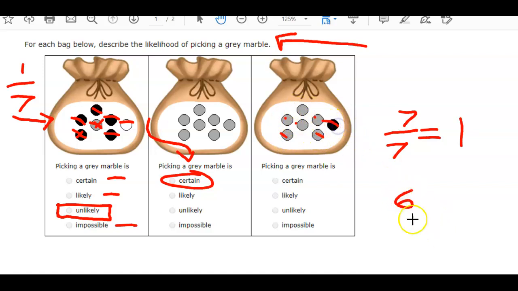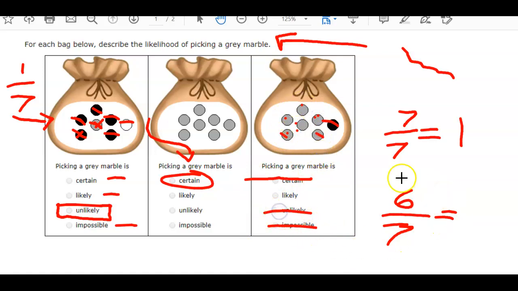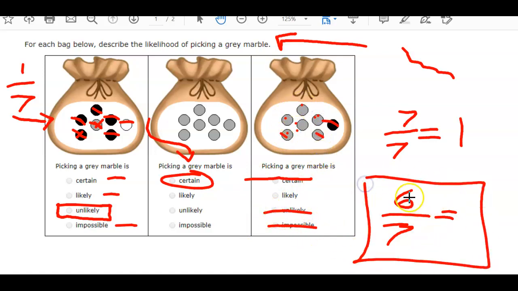And there's 7 marbles altogether, so 6 over 7. In any case, it's not for sure. It's not impossible. In fact, there's a lot of gray marbles up there. That's not even unlikely. It's very likely. 6 out of 7 chances is likely.